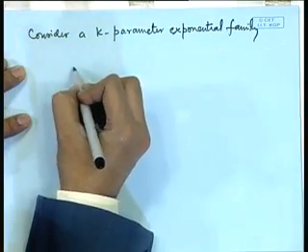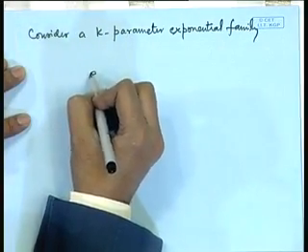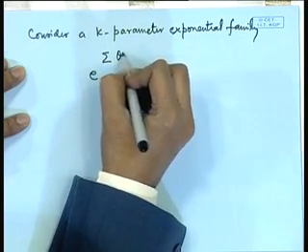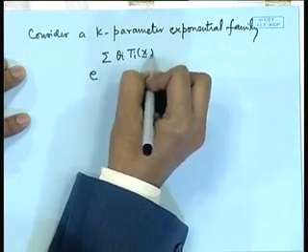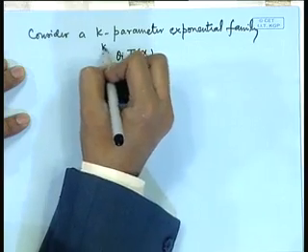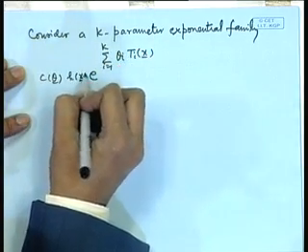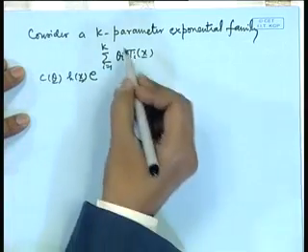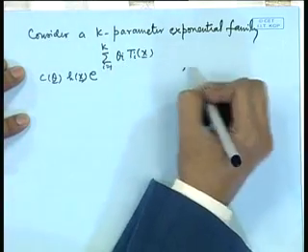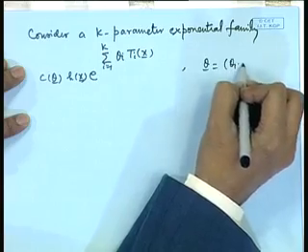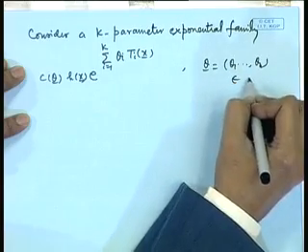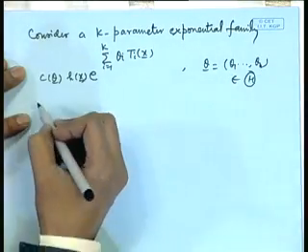That means the distribution is of the form e to the power sigma theta_i t_i(x), i equal to 1 to k, multiplied by some c(theta) h(x). This is called a k-parameter exponential family. This belongs to a certain parameter space theta.